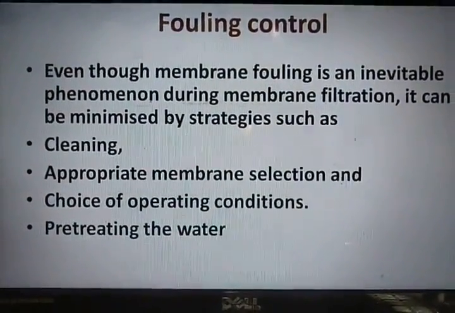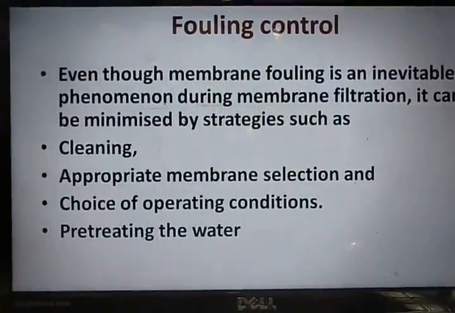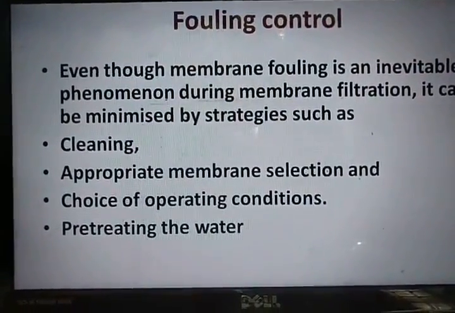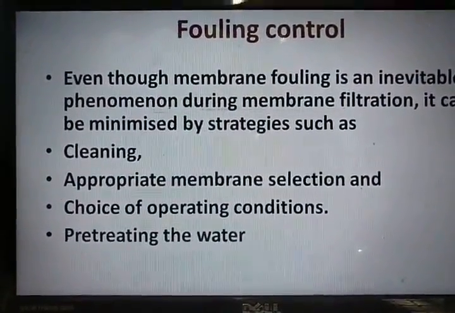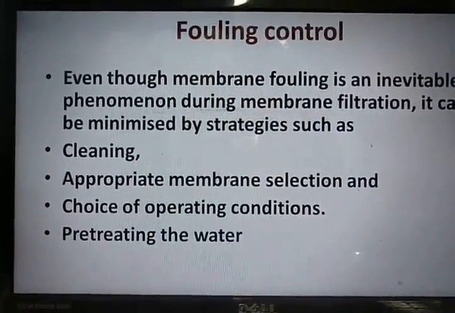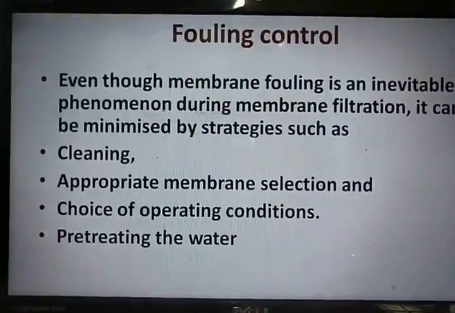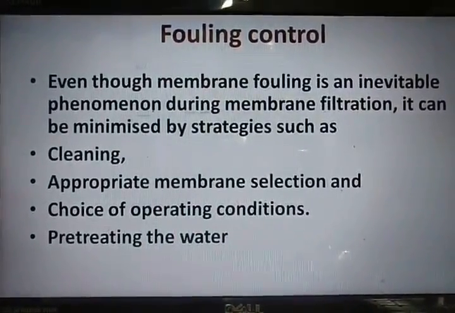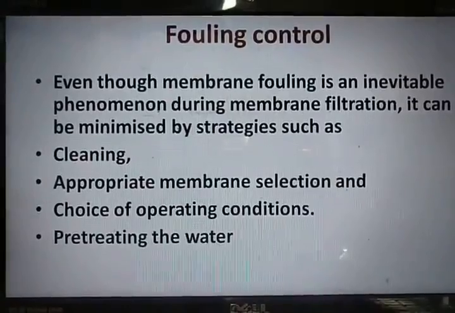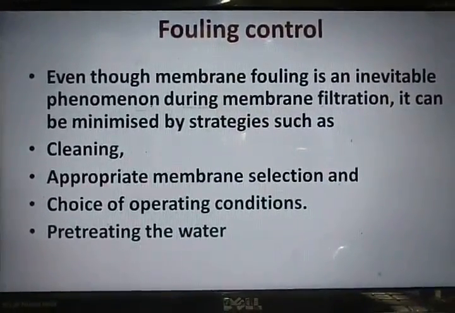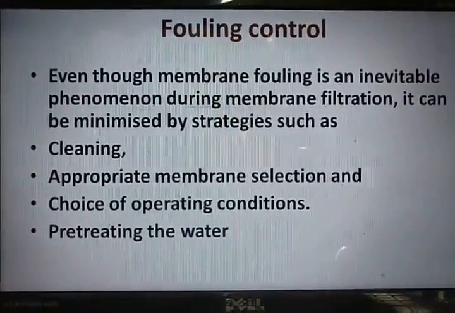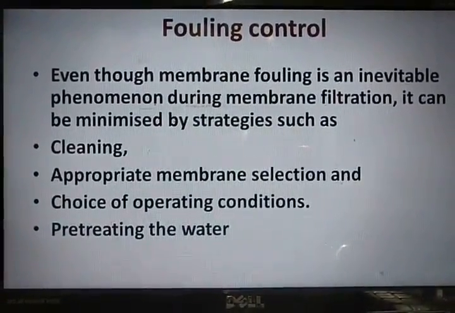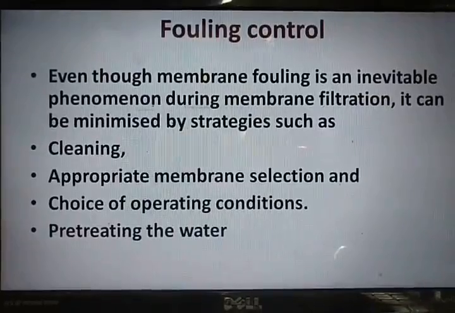Then the choice of operating conditions like the pressure and temperature, and the membrane module selection, play an important role in reducing fouling. We cannot use one module for all types of water treatment technologies. It comes by experience to select which type of membrane module is suitable for treating what kind of water.